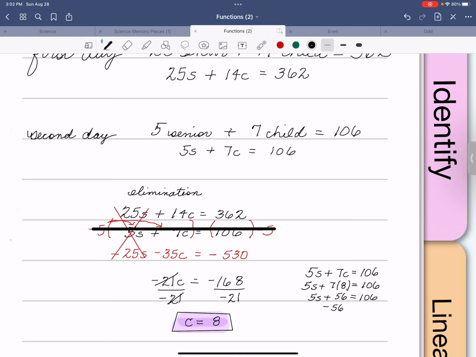Move the 56. That one I can do in my head because it's lined up. It's the lining it up that messes with me. So that's 50.